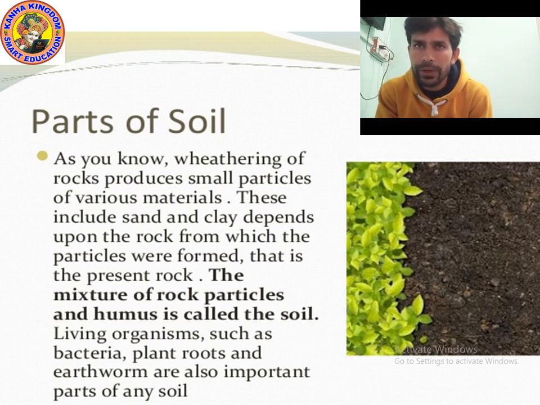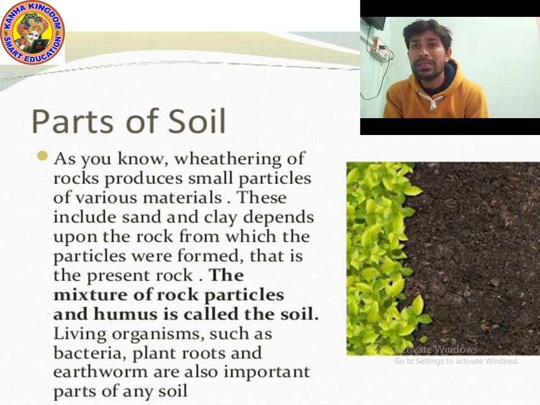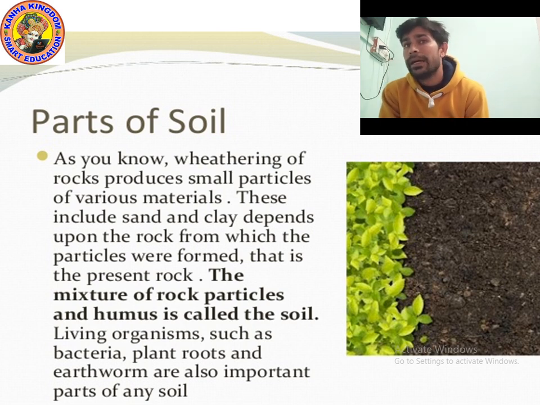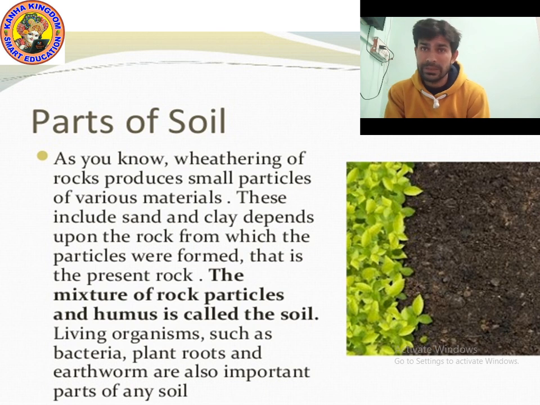Let's talk about the B horizon. B horizon is known as the middle layer. In the A horizon, a lot of humus and minerals are present, but in the B horizon, a lesser amount of humus but a greater amount of minerals is present. This layer is generally harder and more compact, not soft.